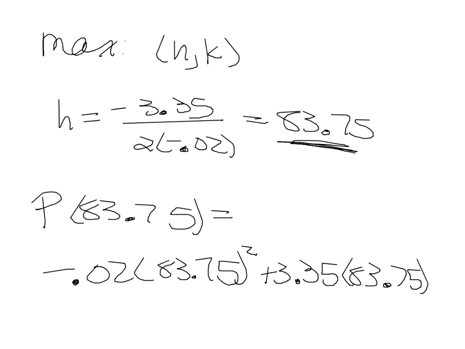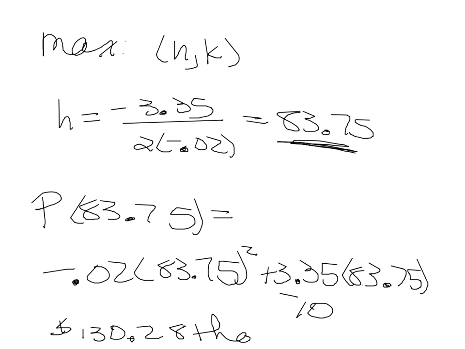It would be a lot easier if we could use the calculator, but I don't want to have to restart it and everything. So we'll just type it in. And it's about 130.